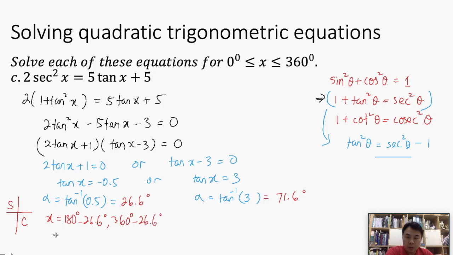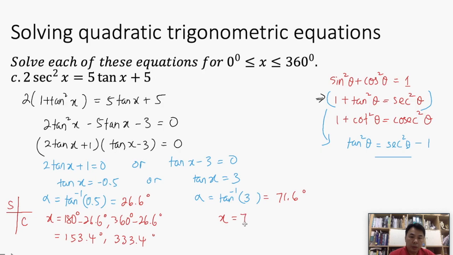In this case, let me simplify that. There's 153.4, and then the other one will be 333.4.